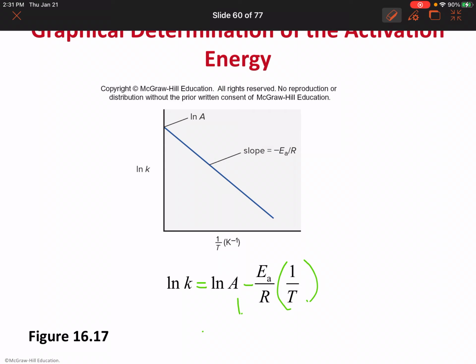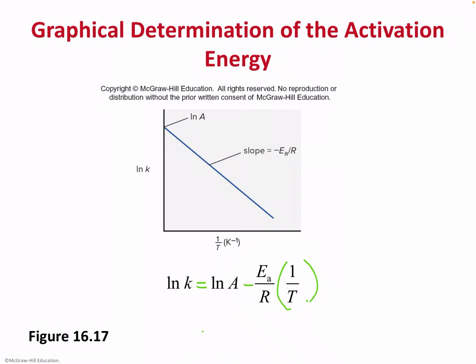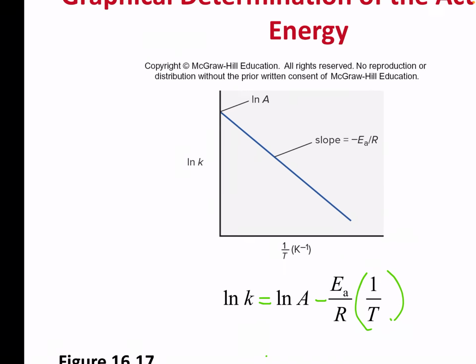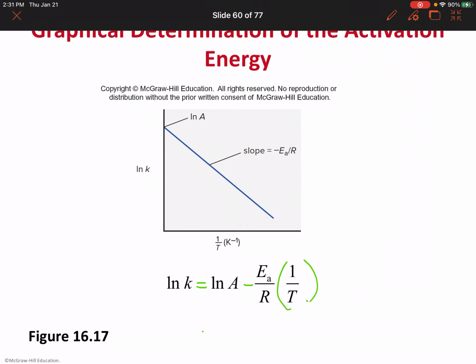So you do a plot using ln k as your y-axis, ln A as your intercept, and 1 over T as your x-axis. And then the slope would be negative Ea over R. This is the slope. Okay.